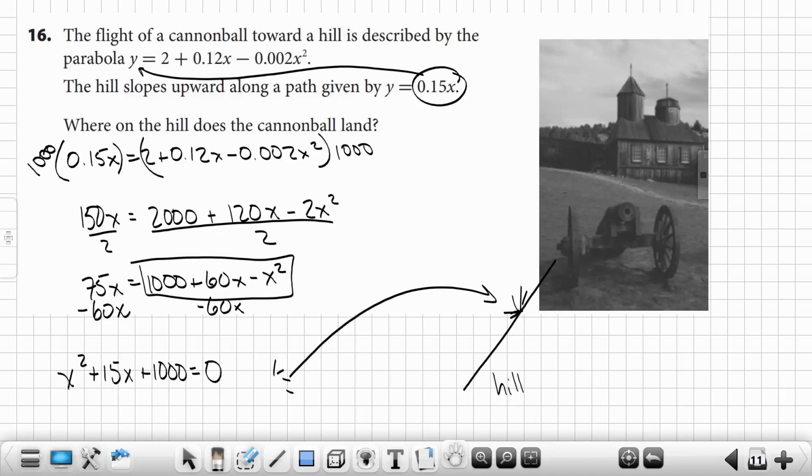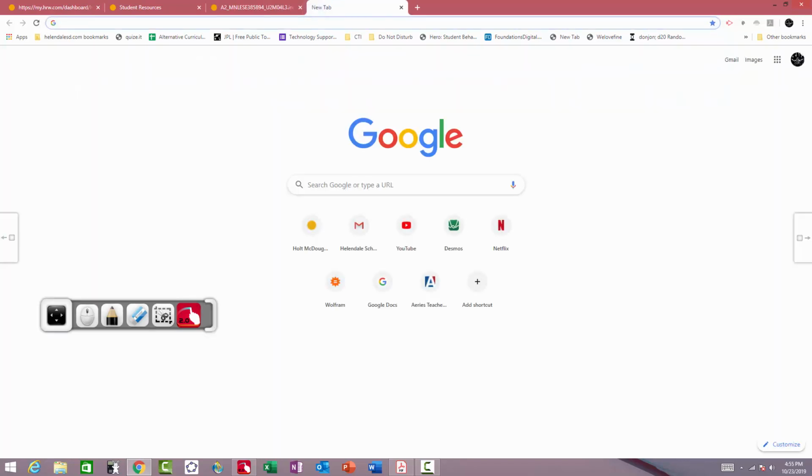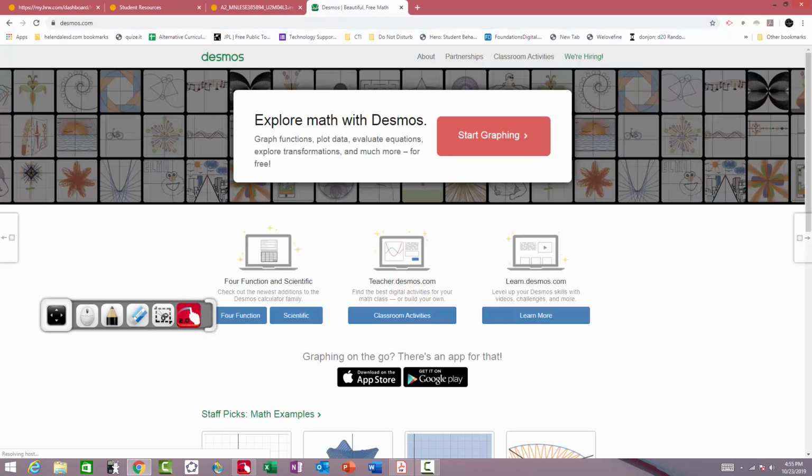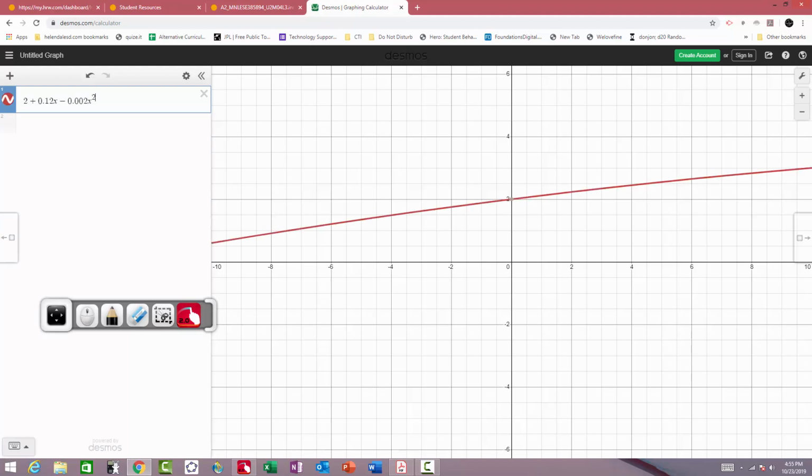All right, so I'm going to go to Desmos. 2 plus 0.12x minus 0.002x squared.